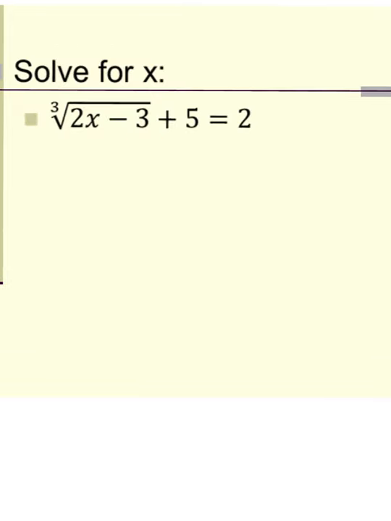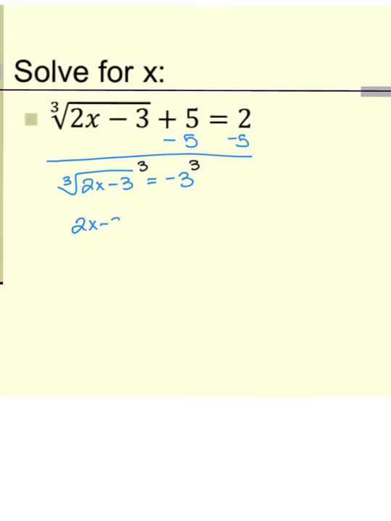Last one, just so that we make sure that we all understand the concept. Again, here I have a cube root. Same process. The first thing I want to do is isolate that cube root. So I'm going to minus 5 from both sides. And now I have the cube root of 2x minus 3 equals negative 3. To get rid of a cube root, we're going to cube both sides. So now I have 2x minus 3.